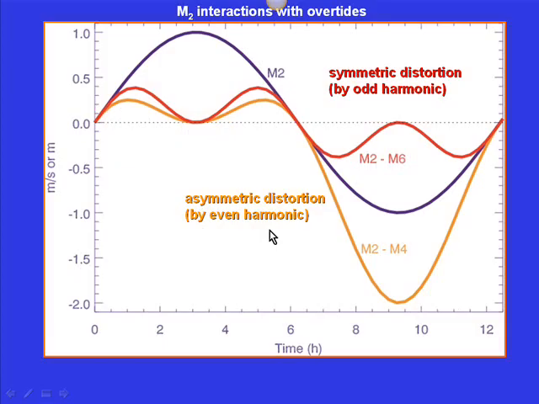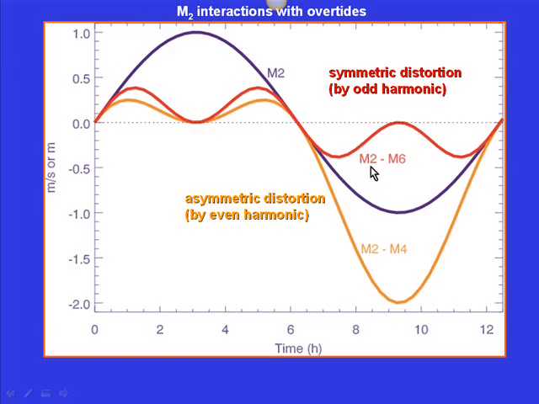The harmonic is even because the M4 is always positive. You can do this with 2 waves, one with M2 frequency and one with M4 frequency, and you generate this distortion when you subtract. As you see, it's asymmetric because on this side it's very small with 2 peaks, and on this side it's large with only 1 peak.